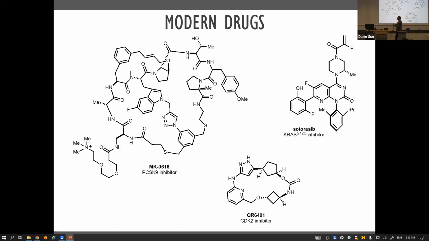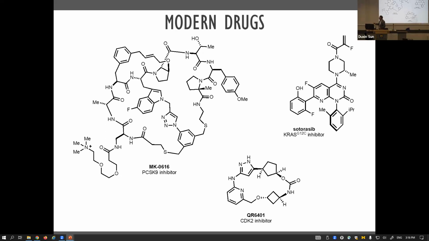That means that there's a very strange locking of 3-dimensionality in this particular molecule where the methyl is coming out of the plane of the page and this isopropyl group is going back into the plane of the page. And that's really, really difficult to make synthetically. But through advances in chemical synthesis, something like that is now on the table.